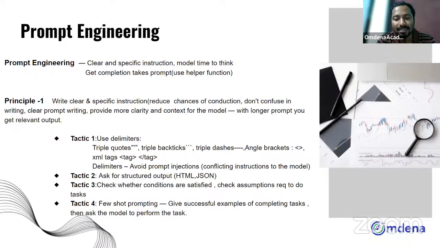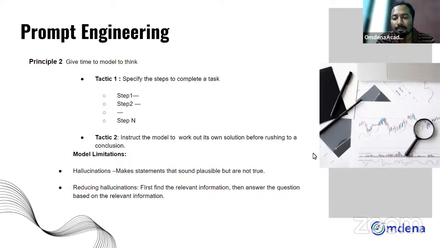So I have given an example and a prompt, then I will give the next task where I need a response to be generated. With the given examples, or few-shot prompting, it is able to generate the output for me. And then you need to give the model time to think.